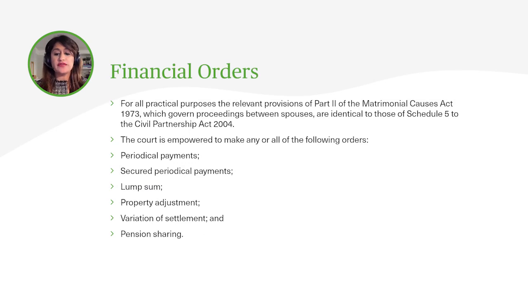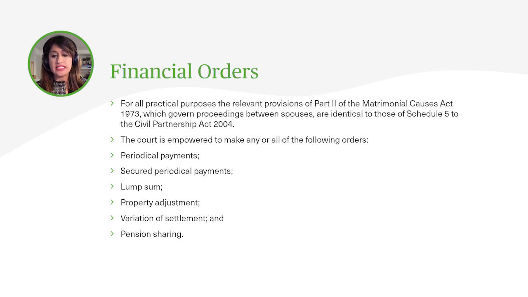So before we come on to the difference between matrimonial and non-matrimonial assets, I'll begin by giving a high-level overview of how the court deals with financial proceedings on divorce. There is no difference in this jurisdiction in how we approach proceedings between spouses and civil partners.